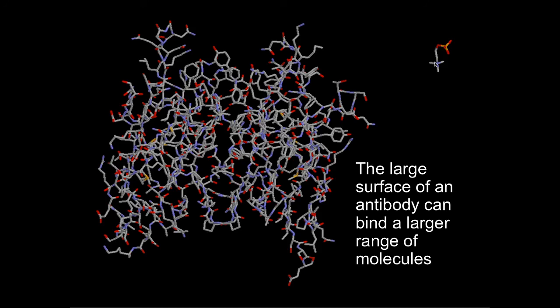That's rather smaller than most drug molecules, but a typical drug molecule might be round about this sort of size that I'm indicating here, compared with this being the binding surface of an antibody. So the large surface can therefore interact with a much larger range of molecules, and you get high specificity and high affinity to flat or convex surfaces that you cannot get a small molecule drug to interact with.